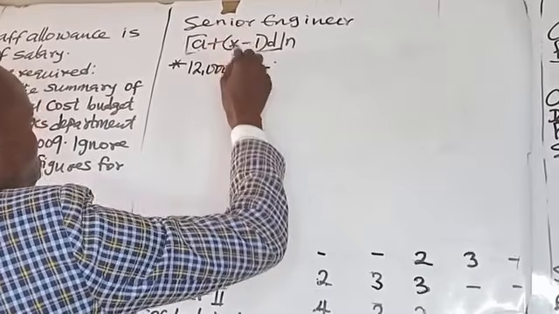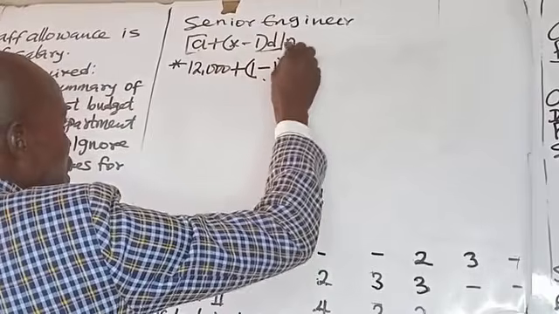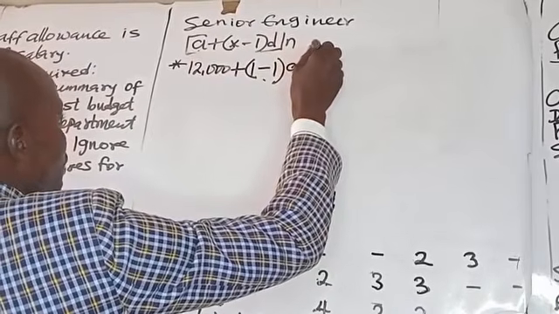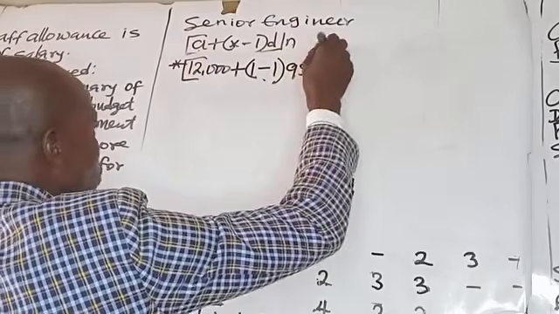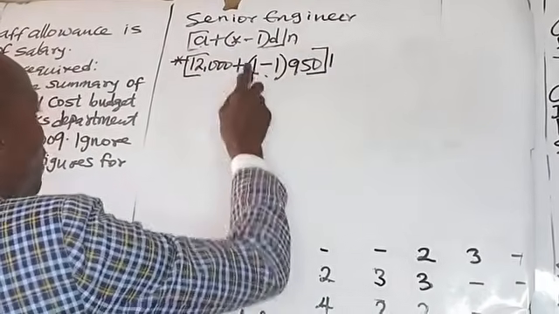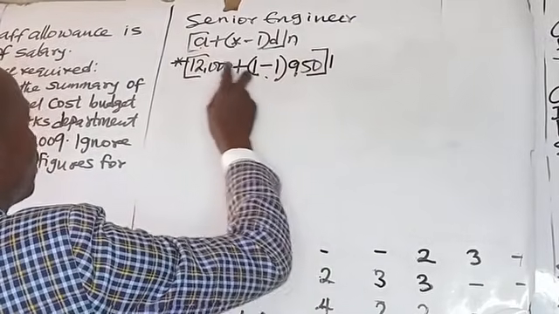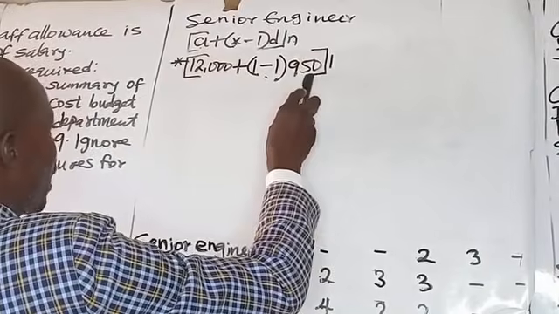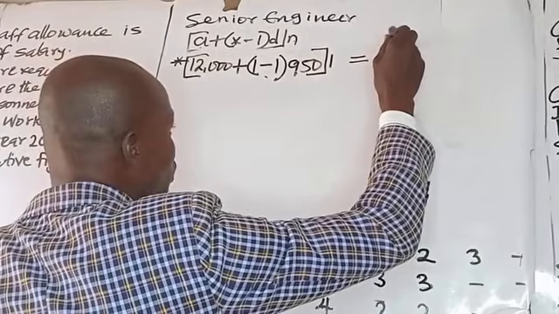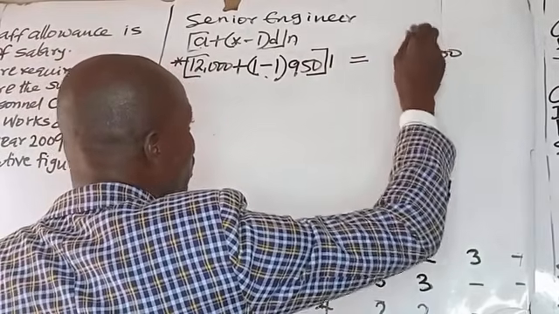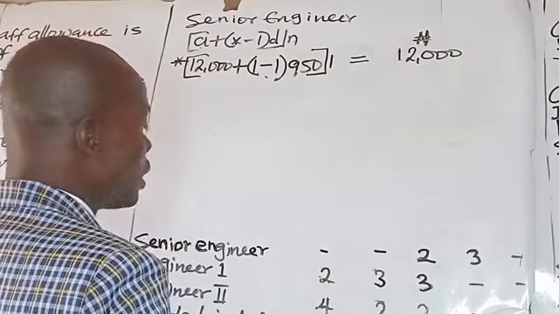So step 1, which is 1 minus 1 into increment, which is common difference, increment of 950. And the number of employees in that level who is newly employed is 1. So now let's calculate that. 1 minus 1 is 0. 0 times 950, that will be 0. 12,000 plus 0 will still be 12,000. 12,000 times 1 will be 12,000. This 12,000 is the salary of the newly employed senior engineer.